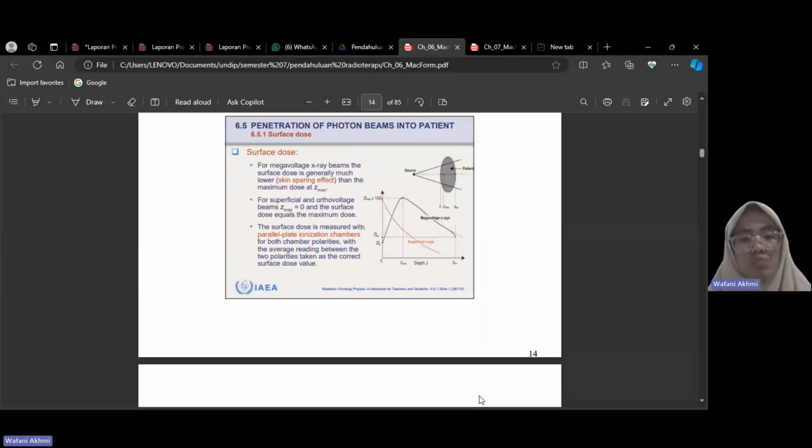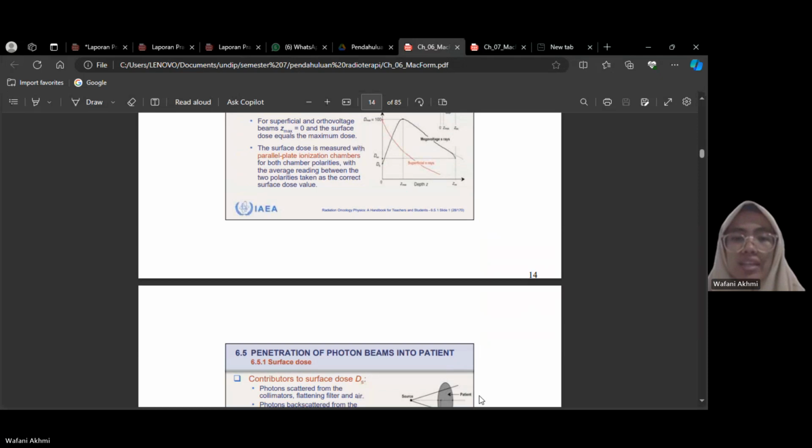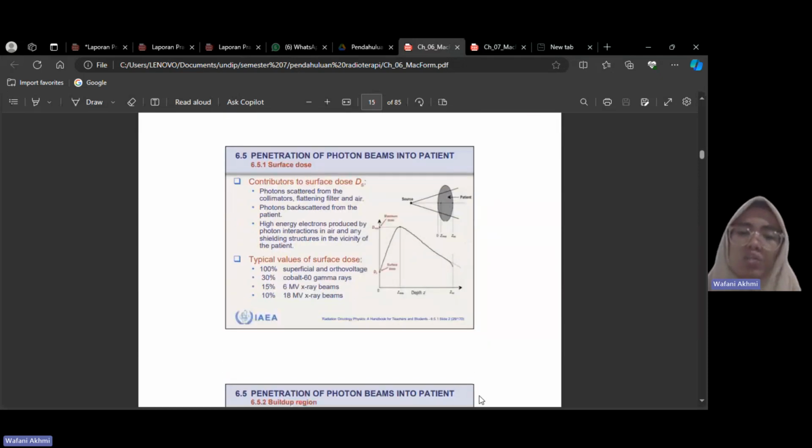The surface dose is measured with a parallel plate ionization chamber for both chamber polarities, with the average reading between the two polarities taken as the correct surface dose value. There are contributors to surface dose, DS, and typical values of surface dose.